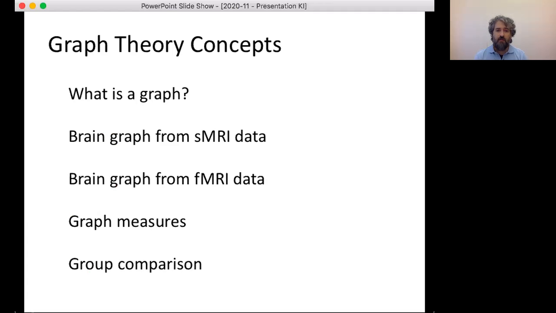Finally, I showed how we can calculate graph measures once we have these connectivity matrices. And at the very end, I showed how we can perform group comparison using a permutation test, which permits us to then tell if we observe significant differences between two groups of subjects.